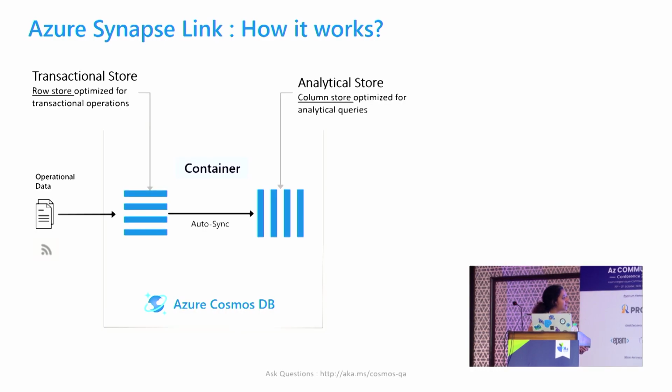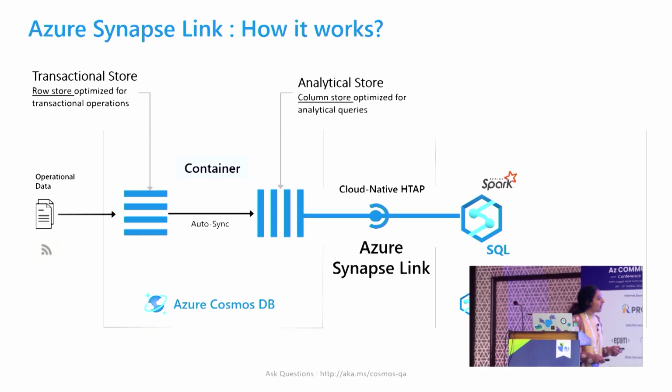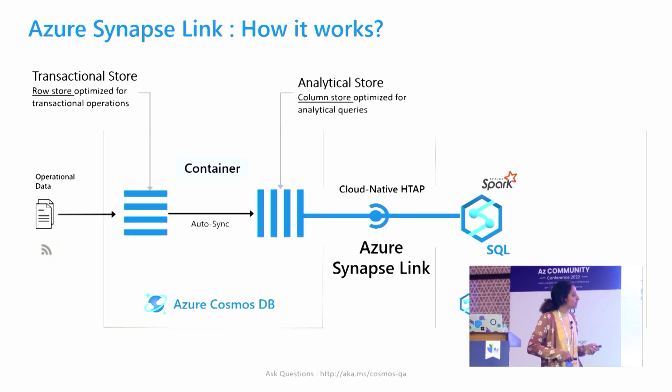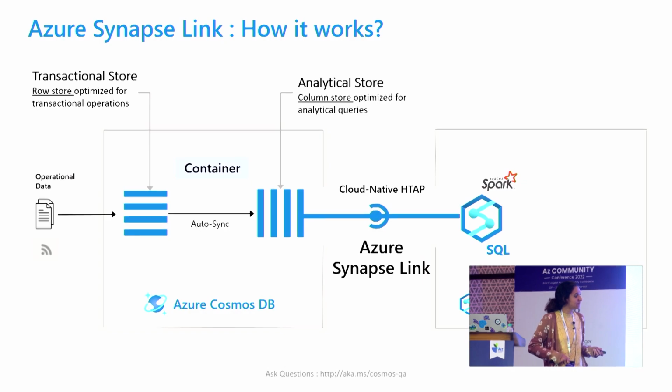And here we automatically sync it with our analytical store, and this is within one fully qualified domain or URL access. So within Cosmos DB, we are able to auto sync our systems, and then externally we expose that using what is called Azure Synapse Link, which is a Spark-based connector into the Spark compute system, which is Azure Synapse Analytics.